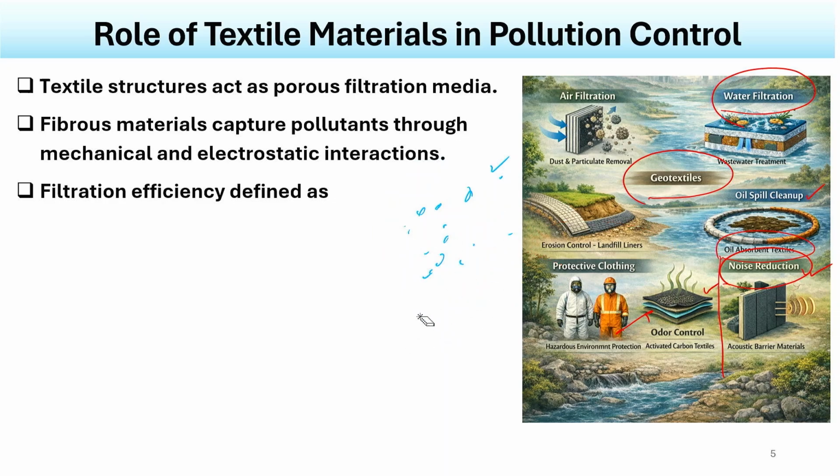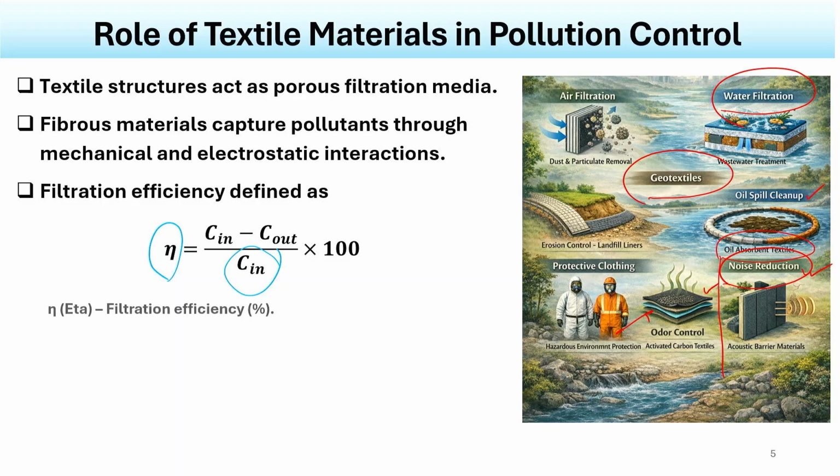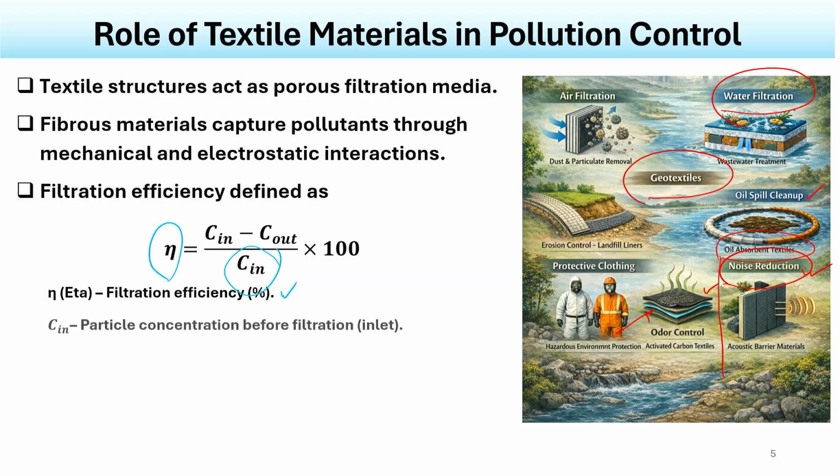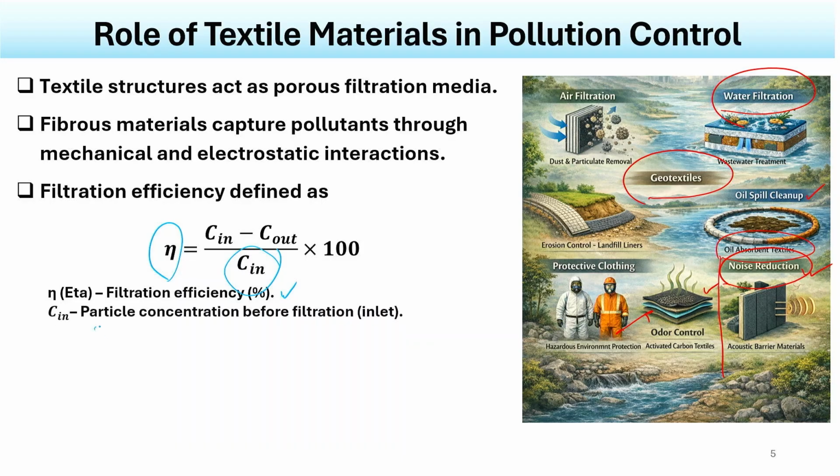So, if the filtration efficiency is high, there will be no particle which will escape through the filter media to the downstream side. You can see here that eta is the filtration efficiency, (C in minus C out) by C in. C in is the particle concentration before the filtration inlet.